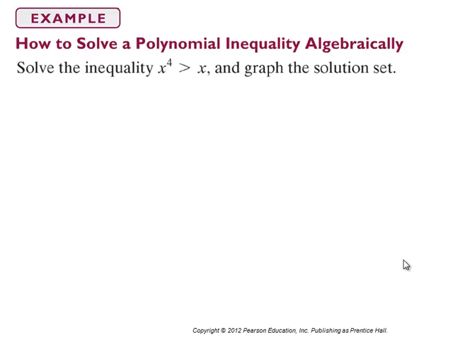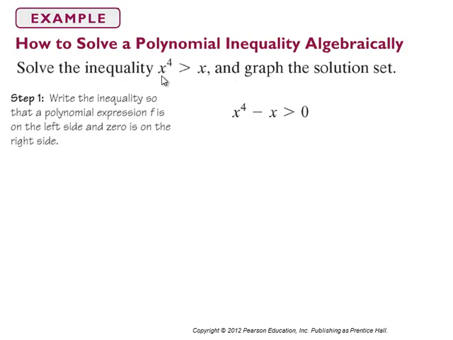Here is yet another example of how we can solve an inequality. We have x to the fourth greater than x. So what values of x will it be such that x to the fourth is greater than x? Well, our technique is going to be where you move everything over to the left-hand side and then graph that function.